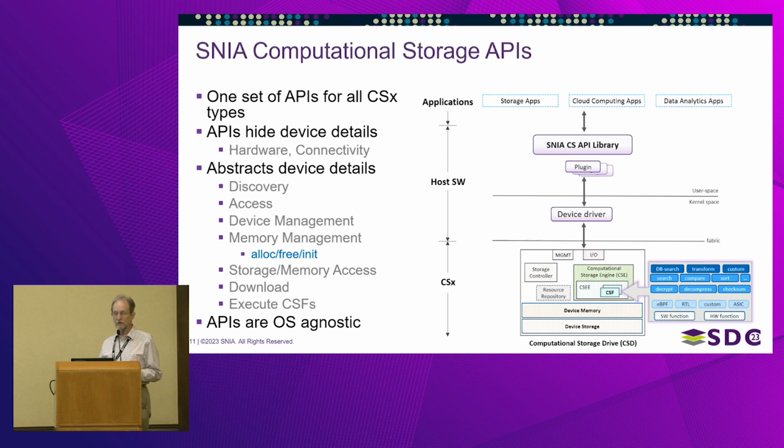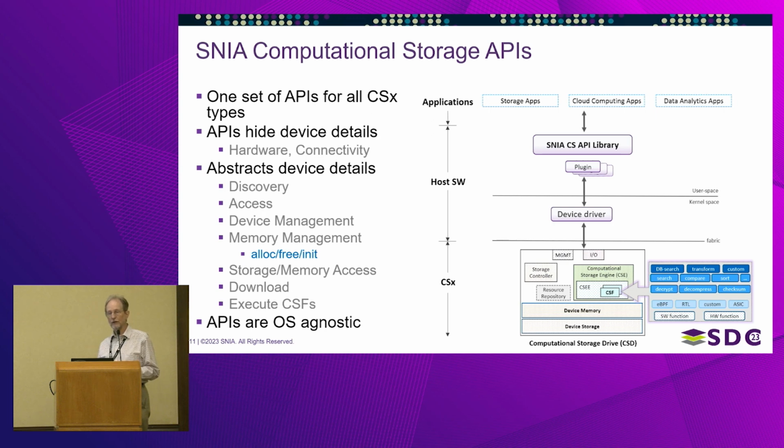It abstracts the device details, so it abstracts the discovery, the access, the device memory, the device management, the memory management, allocate, free, initialize, all of that type of stuff is abstracted by the API. It abstracts the accesses to storage and memory. It abstracts the process of downloading and abstracts the execution of the CSFs.